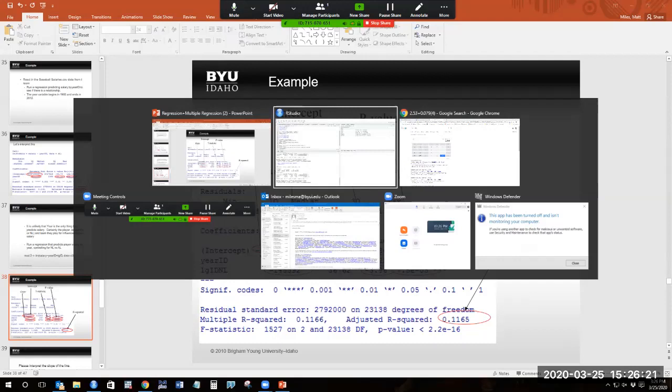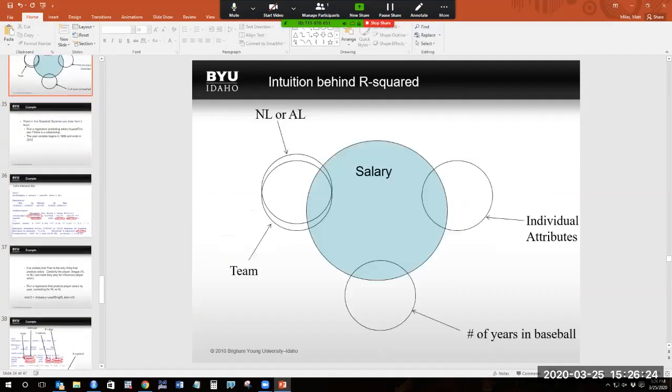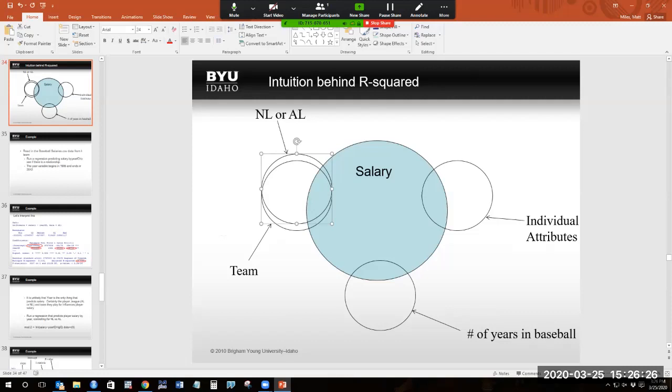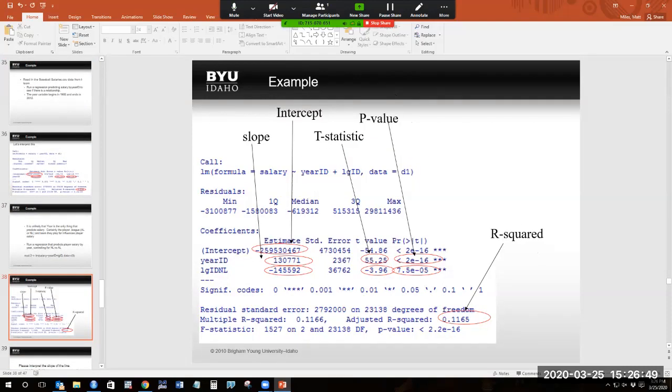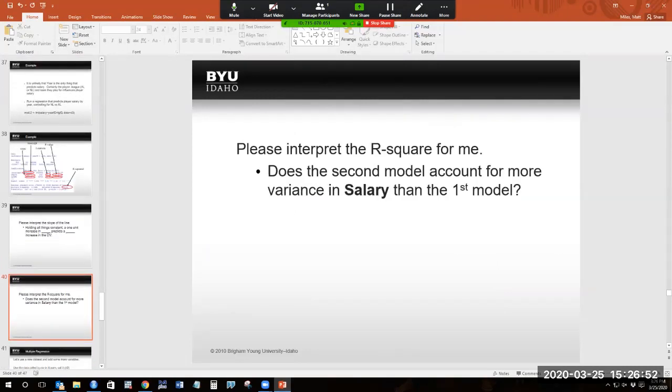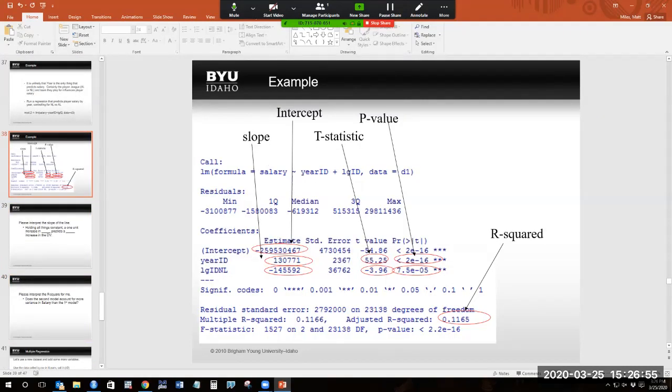If I were to put this back in my theoretical model that I was showing here, the league you're in is actually only explaining 0.05%. This variable explains about that much. It's not nothing. It's just not 0. That's all that statistics tells you. It's not 0. And it does explain more, right? 0.05% more. So it's not nothing.